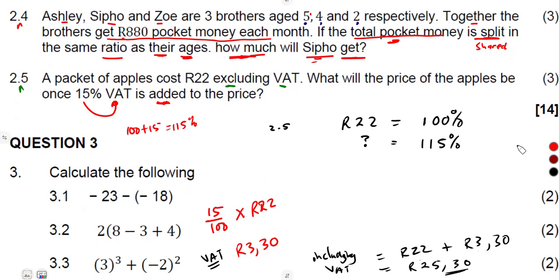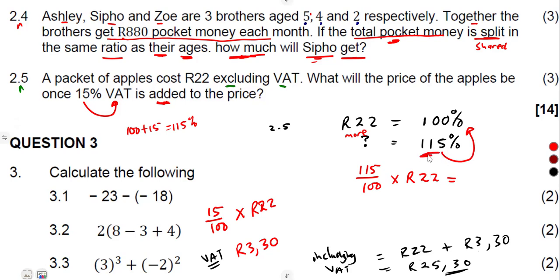But from this now you have to consider, all right, what I'm calculating here at 115% definitely is going to be more. So how do I have the value? It's going to be the bigger percentage over the smaller one. 115 over 100 times the amount that you're given of 22 rand. So that is going to give us the cost, the price of apples once the 15% has been added. It is already added here.